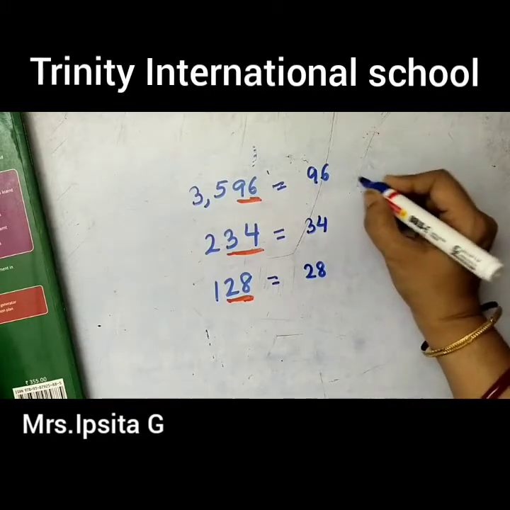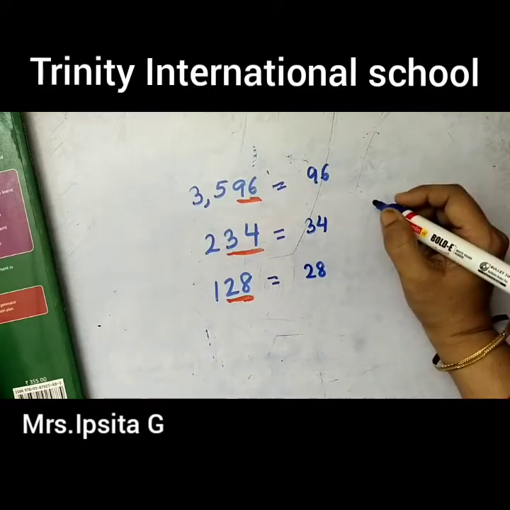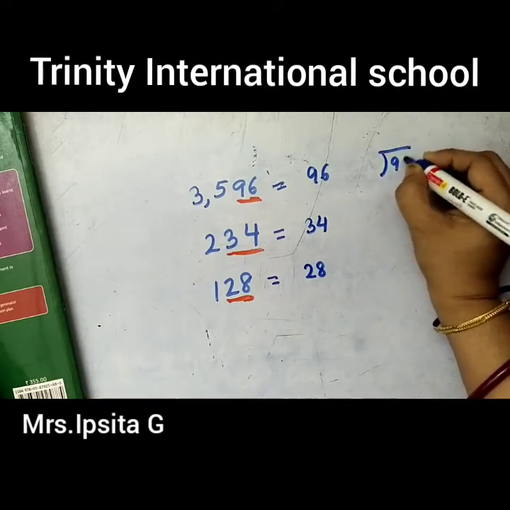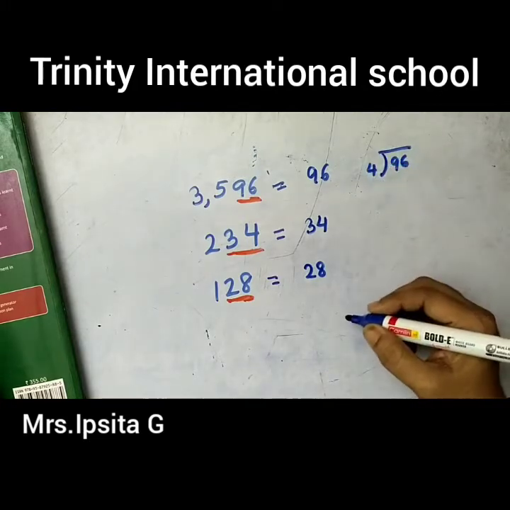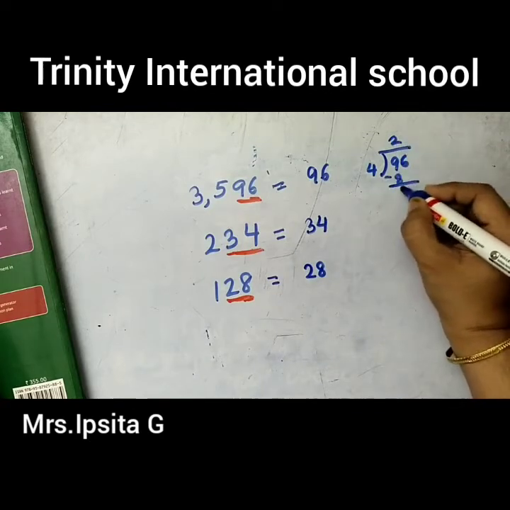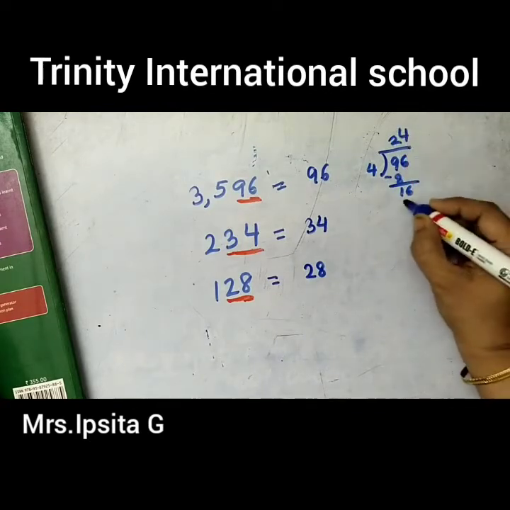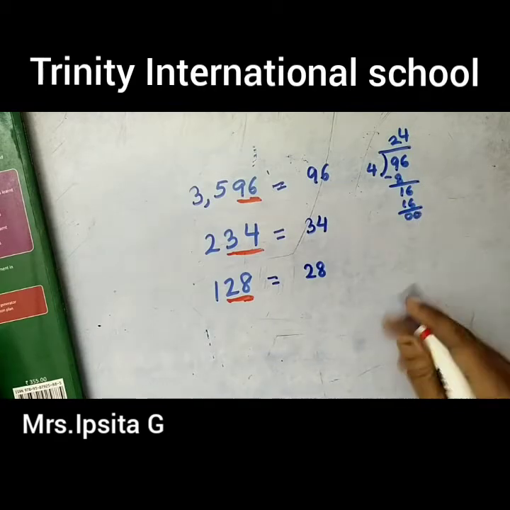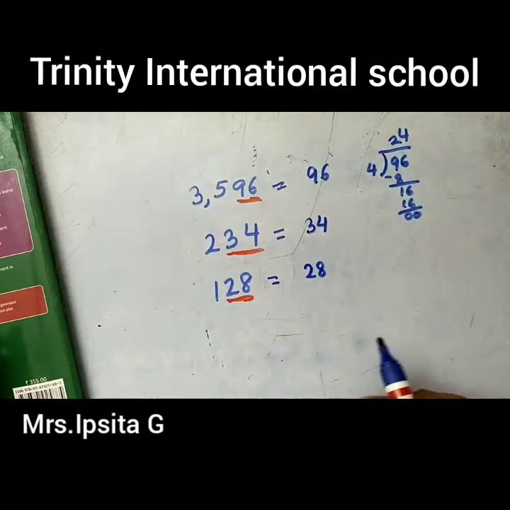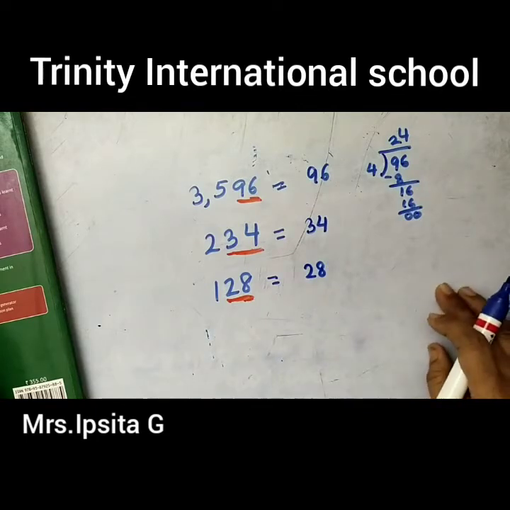Now you have to see whether these numbers are divisible by 4 or not. तो ये नंबर जो मैंने लिखा है, ये नंबर्स 4 से डिविजिबल हैं या नहीं। सो लेट अस सी। 4 2 ज़ा 8 and 4 4 ज़ा 16. So the remainder comes as 0. So this 96 is divisible by 4.